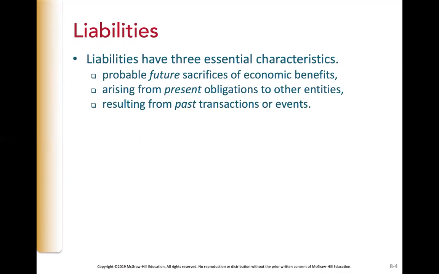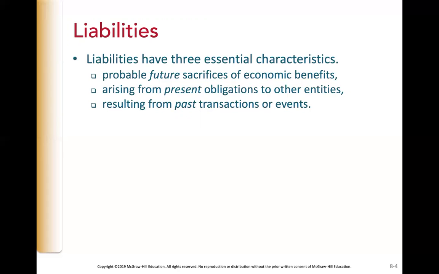They are probable future sacrifices of economic benefits arising from present obligations to other entities resulting from past transactions or events. So think about buying merchandise on account. Probable future sacrifice of economic benefits.